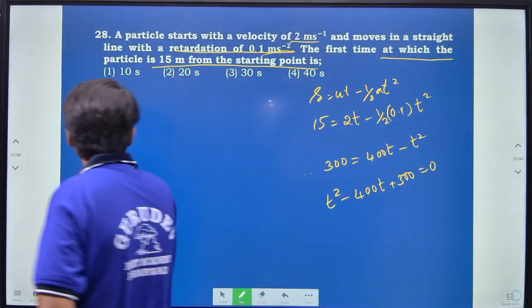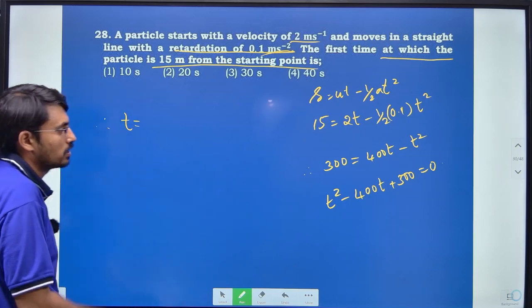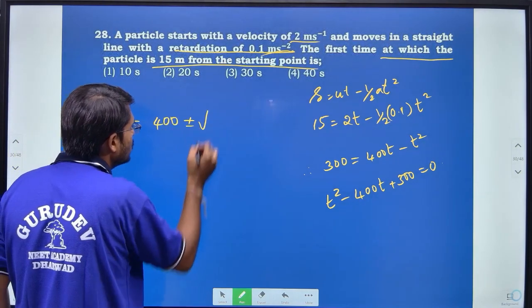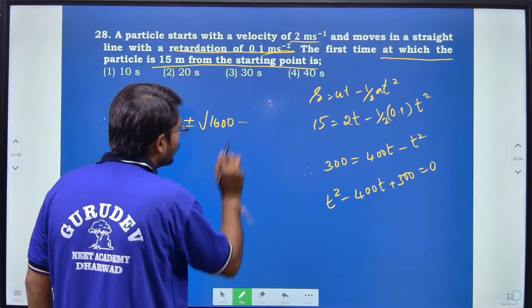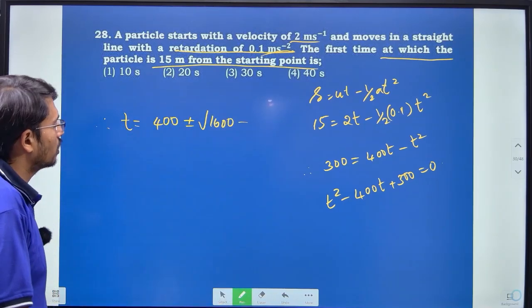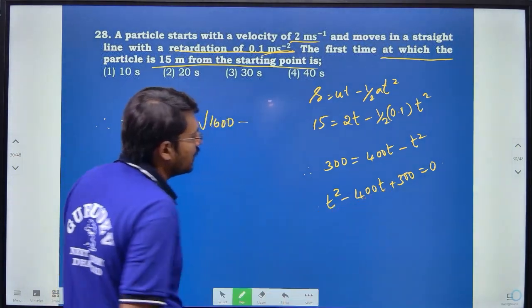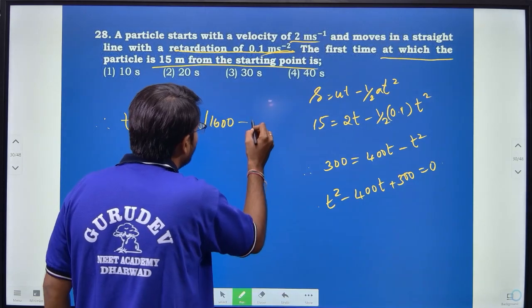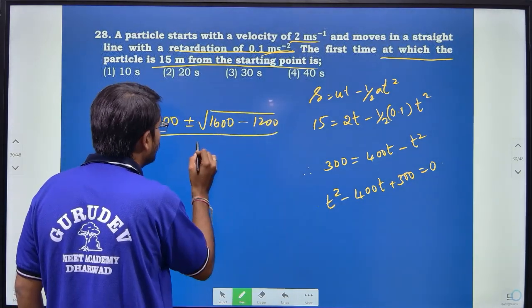So what is the equation for the time then? That is by solving the quadratic equation. So it is minus b, that is 400, plus or minus root of b square, that is 400 squared, minus 4ac. What is that? 4 into a into c. a is the coefficient of t square, c is 300. So 4 into 300 will be 1200, whole divided by 2a. 2a is just 2.